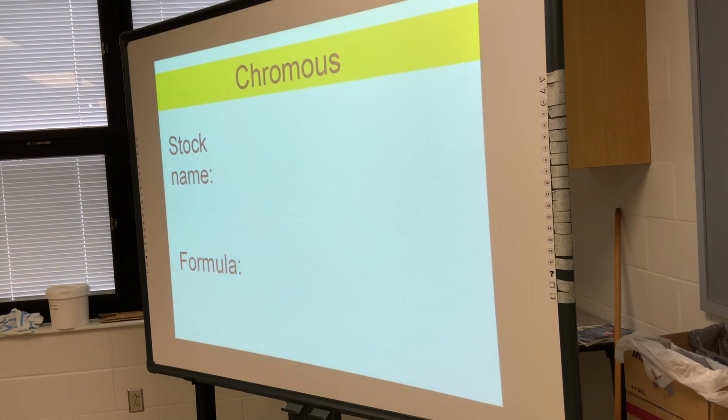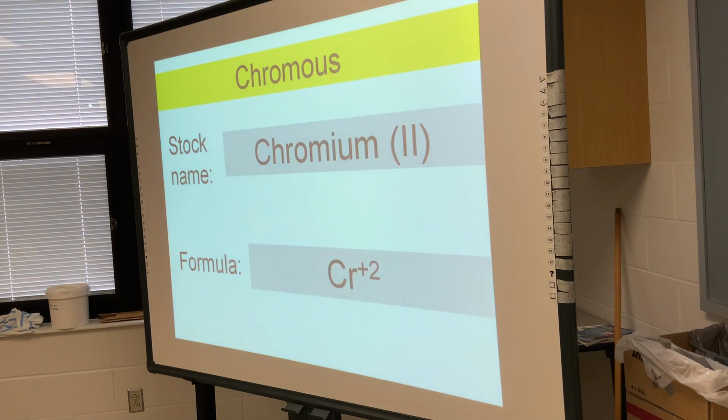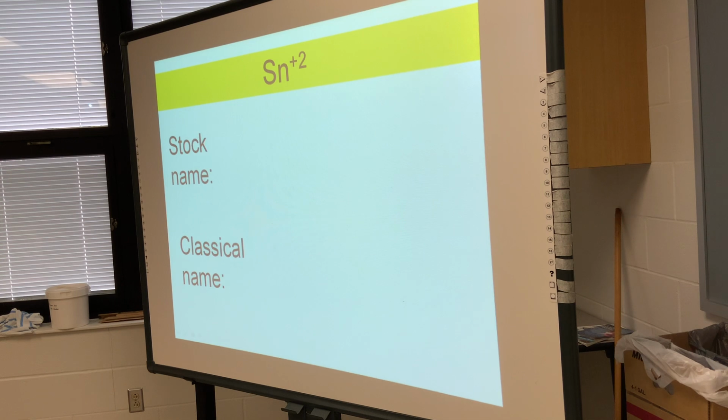Two charges for chromium, 2 and 3. Which one is this one? 2. So this is chromium 2, Cr positive 2. Two charges for tin, 2 and 4.